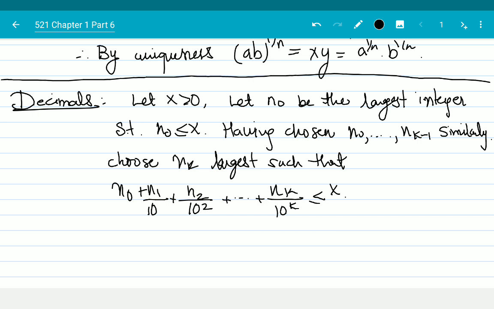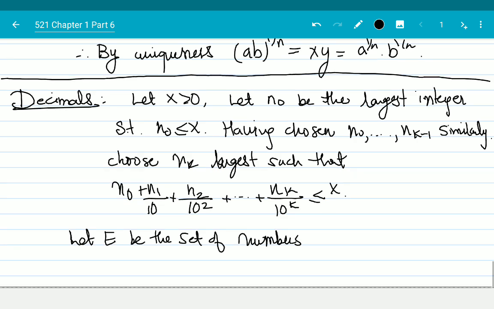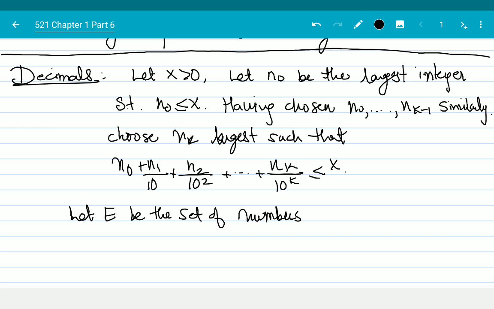Right? Then let E be the set of these numbers n0 plus n1 over 10 plus dot dot dot nk over 10 to the k, where k is equal to 0, 1, 2, and so on.